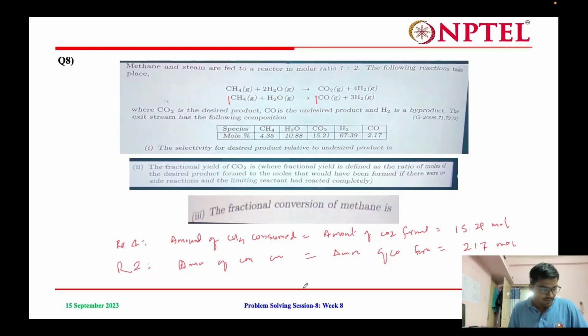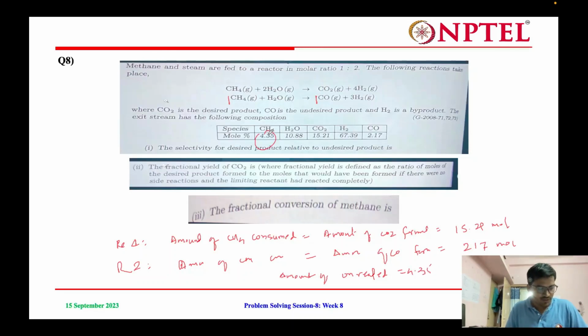Now the amount of CH4 unreacted equals 4.35.